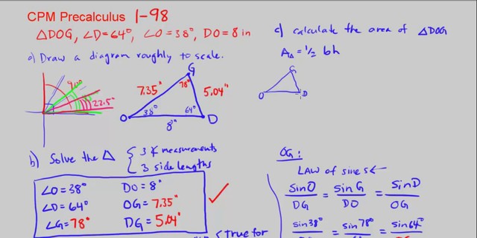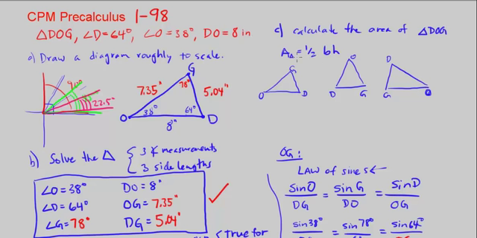If we rotated it and had side DG on the floor, it would look kind of like this. If we rotated to have side GO on the floor, just parallel to our horizon or x-axis, then we would have it looking something like this.